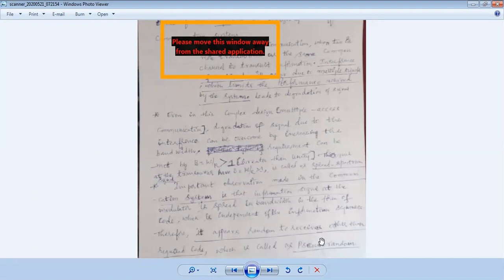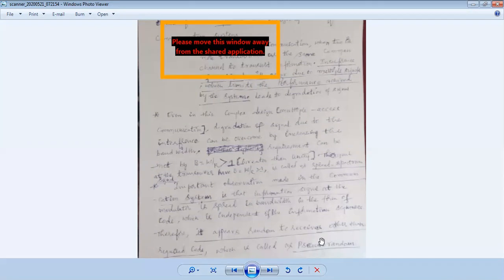That is what we call spread spectrum. We are spreading the different signals at the input of the transmitter, across the channel, to use the bandwidth efficiently and also to use less transmit power.